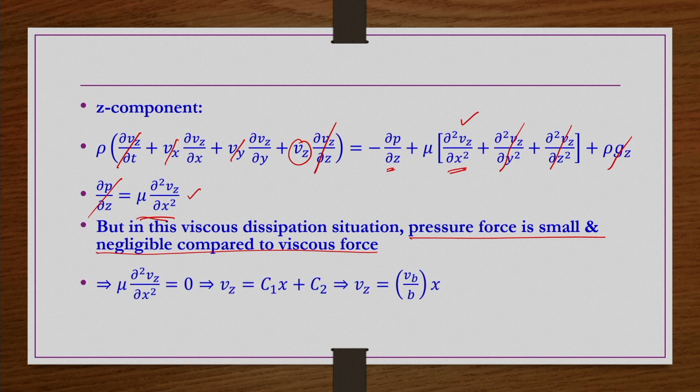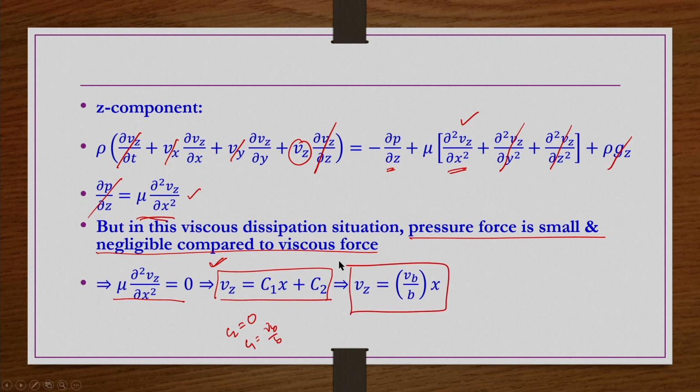That means we have μ ∂²Vz/∂x² equals 0, that means Vz equals C1x plus C2. Now, obtaining the constants is the same as what we did by assuming this velocity profile directly. So, the same constants: C2 equals 0 and C1 equals Vb/b when you apply the boundary conditions. Then you get Vz equals (Vb/b)x, the same velocity profile we are getting.